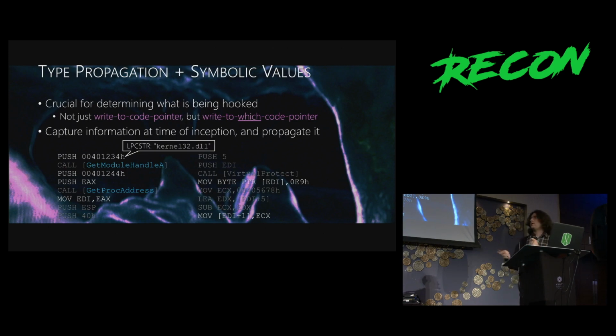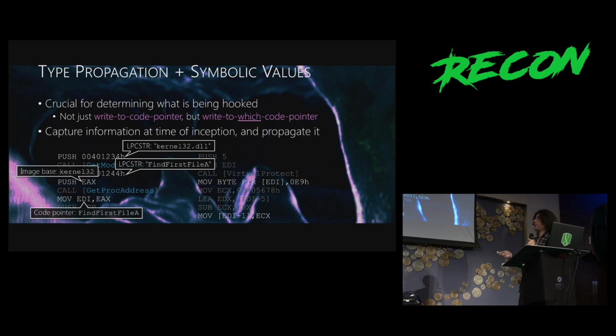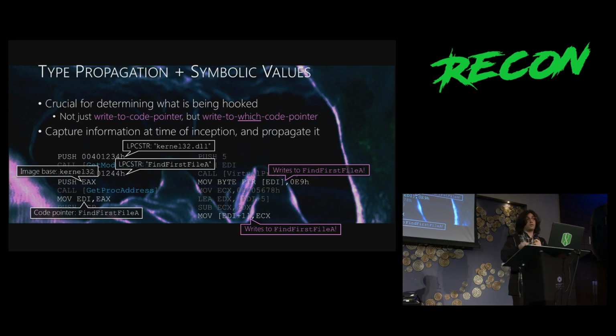We can actually say, okay, pointer to kernel32.dll. So we know that the image base that you're going to push is actually the image base of kernel32 in particular. And the function you're looking up is FindFirstFileA in particular, which means afterwards we can say, GetProcAddress just returns me a pointer to kernel32's FindFirstFileA. And of course, now we can be more specific and say, we know this code is going to patch FindFirstFileA rather than patch some code somewhere.